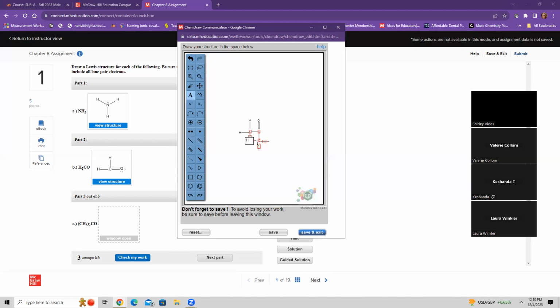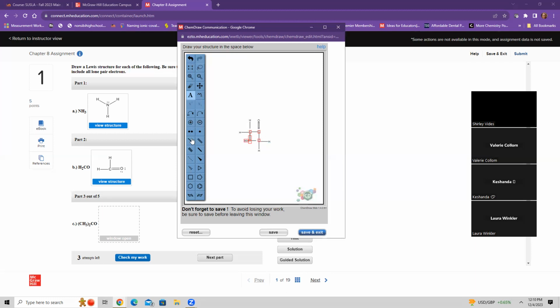Carbon always makes chains. See, this is not going to be good. I know they're not going to like this one because it's crossing the H's. So it's going to want you to rearrange it. So I think I can move this guy over. Can I? Undo.